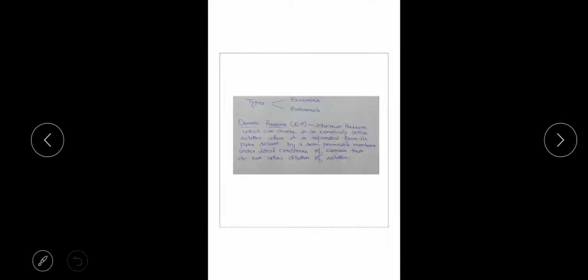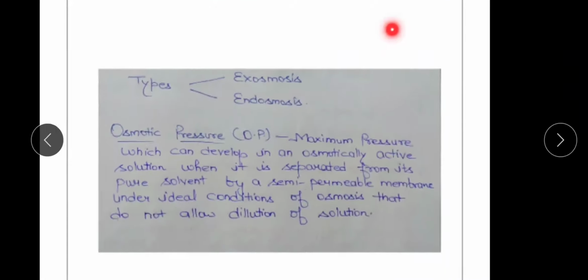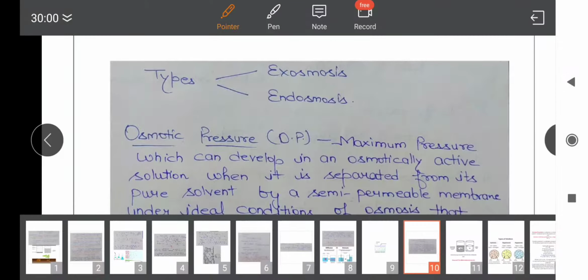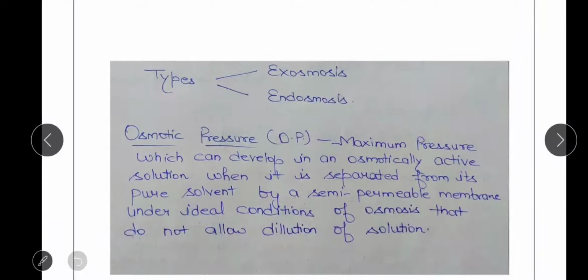So next is the types of osmosis. There are basically two types of osmosis: one is exosmosis and one is endosmosis. Exo means it will allow the movement of the water or solvent particles from the inner side of the cell towards the outer side. So that will lead to exosmosis. And the reverse of it: if the movement takes place towards the inner side, that is known as endosmosis.